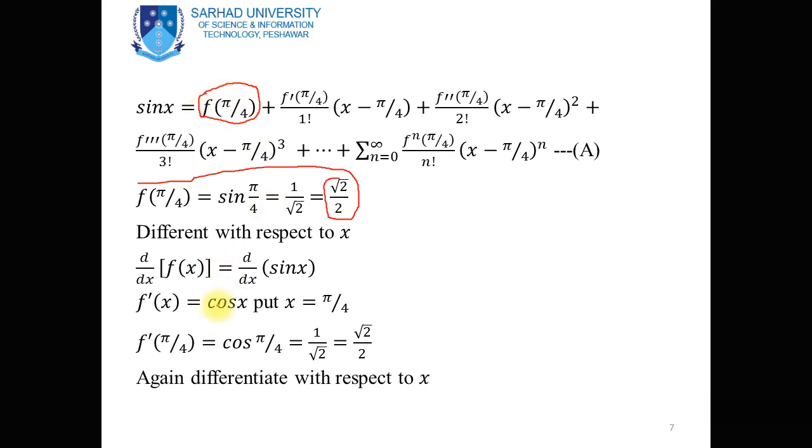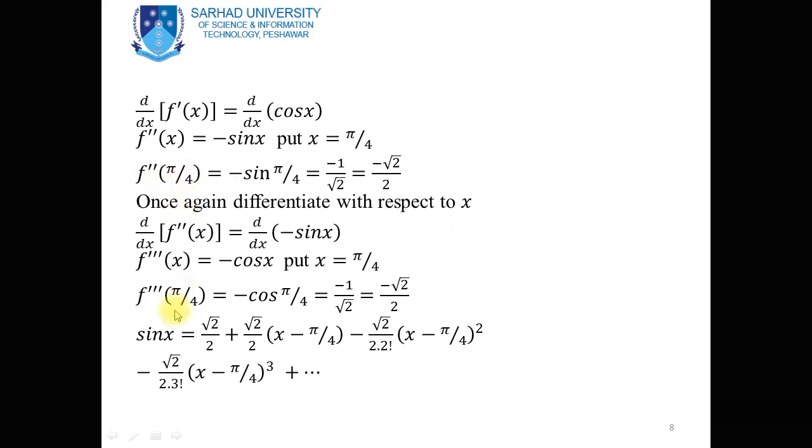Now, this is the first order derivative of the function, so we put the first order derivative at x equals pi by 4 here, which is under root 2 by 2. For the second order derivative of the function at x equals pi by 4, we need this value. And the third order derivative value of the function is this.